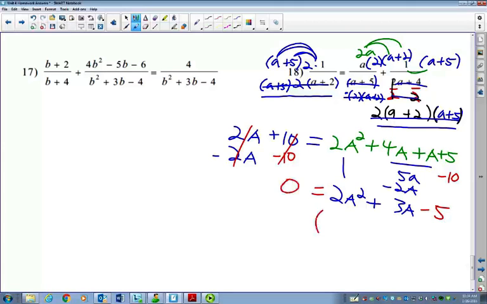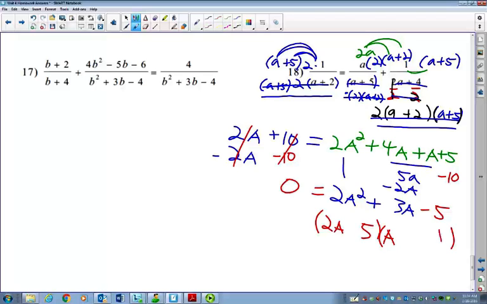So we're going to go ahead and factor this and see what our two solutions are. I can already see that we have to have a 2a and an a here because the factors of 2a squared are 2a times a. And then factors of 5 would be 1 and 5. But we need a 3, so I'm thinking that we want the 5 on this side, so we don't times it with the 2.